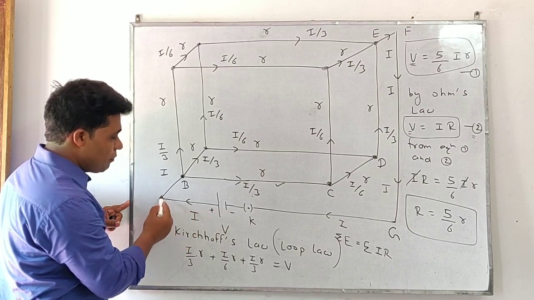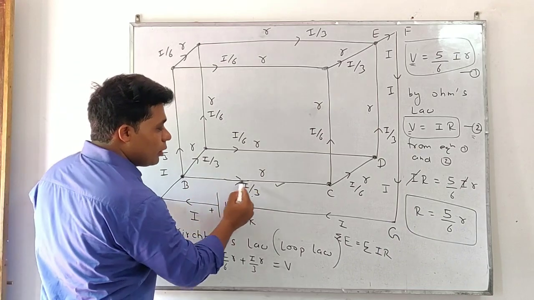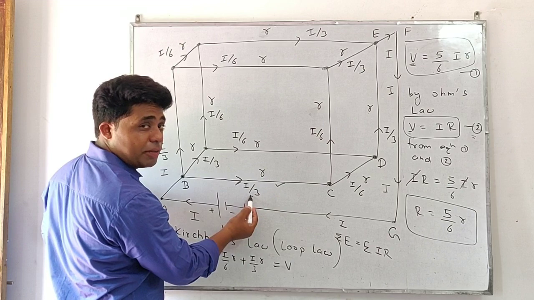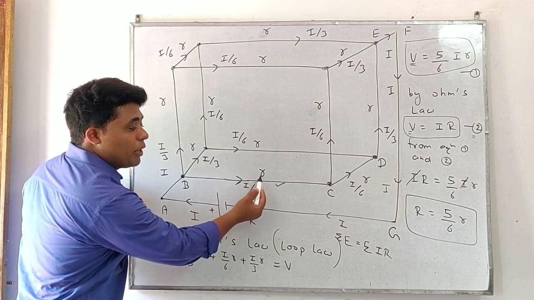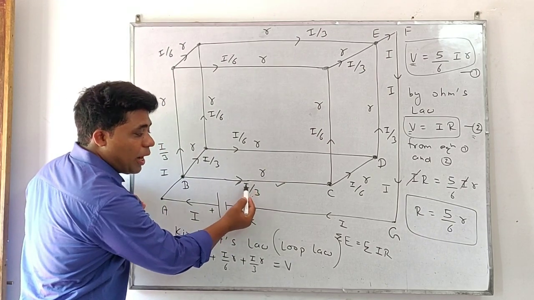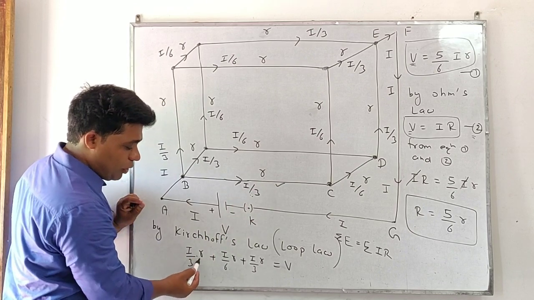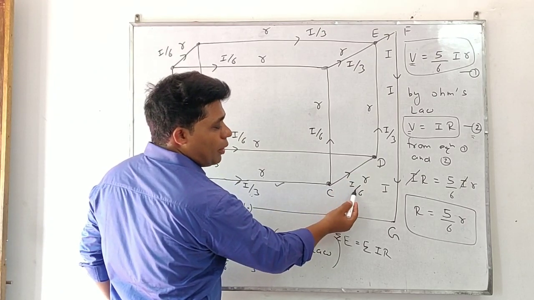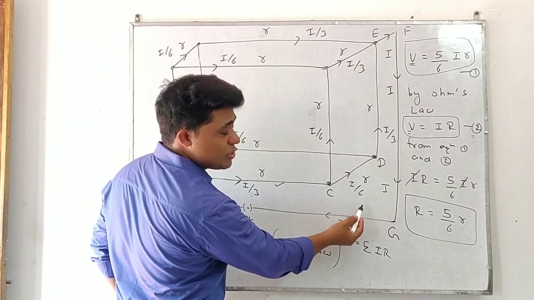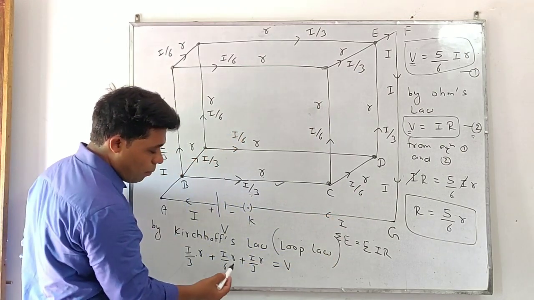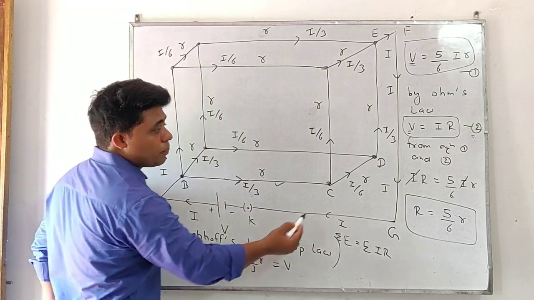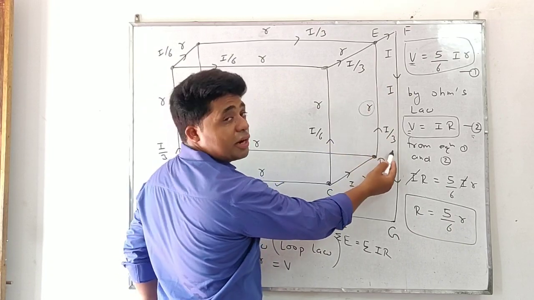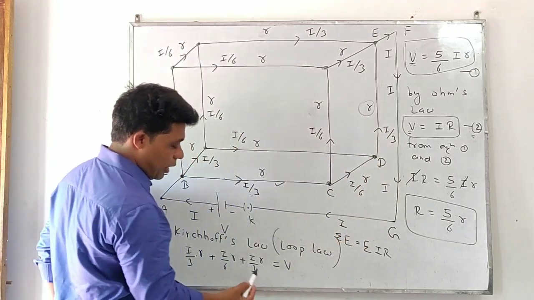When we start from this point, first the resistance of this wire comes, that is R, and its current is I by 3. So current multiplied with resistance: I upon 3 into R. When we come to this wire, its resistance is R and current is I by 6, so I by 6 into R. And in this wire, its resistance is R and current I by 3, so R into I by 3.